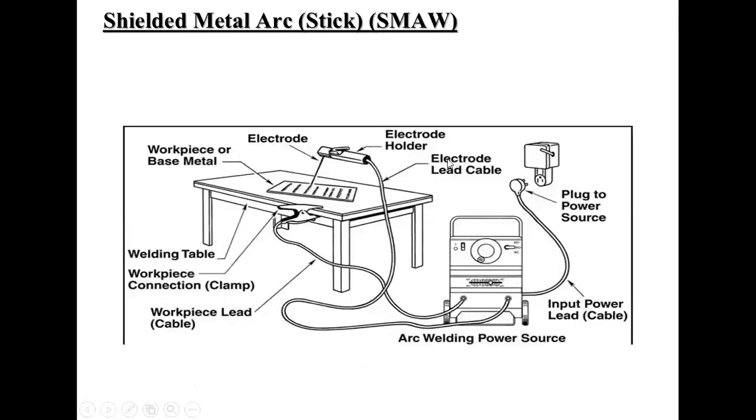Next, this is the entire setup of the SMAW. As I have told, there should be a power source, that is the transformer. There should be a working table, a base table, and we can see there are two wires. One is the electrode cable. The electrode is attached to this electrode holder, and the other cable coming from the power source should be connected to the table.